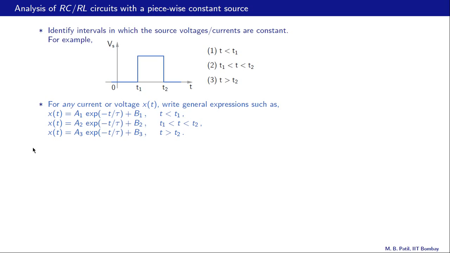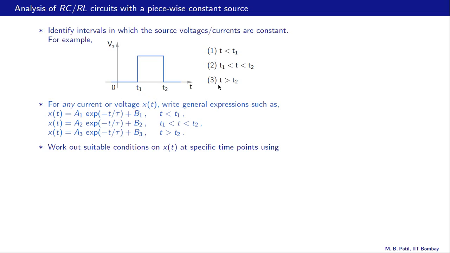How do we obtain these constants A1, B1, A2, B2, and so on? What we need to do is to work out suitable conditions on x of t, which could be a current or a voltage, at specific time points. For example, in this case, we might look at x of t at t1, t2, minus infinity, and plus infinity.